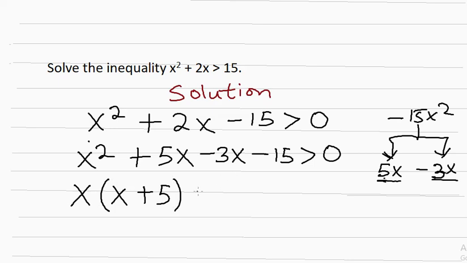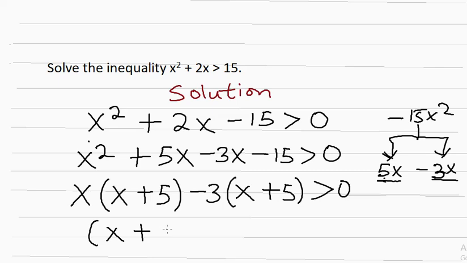For the second group, the common factor is minus 3, I open a bracket, and it will still give me x plus 5. The two brackets must be the same to show that what you're doing is correct. Since the two brackets are the same, I pick x plus 5 as a common factor, and I write the x minus 3 outside.